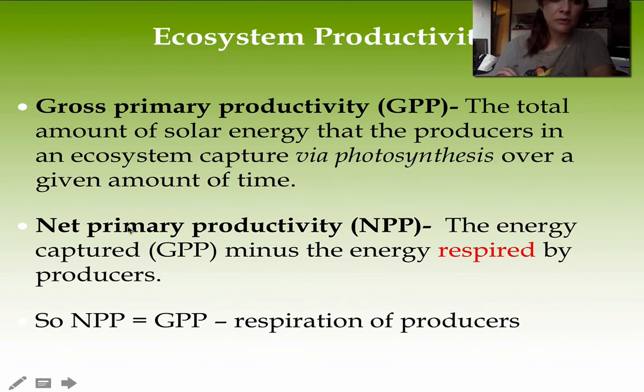And so the net primary productivity is really a measure of how much cell matter of your producers there actually is. It equals the total amount they got from the sun minus the glucose they broke down for energy. So minus the respiration.